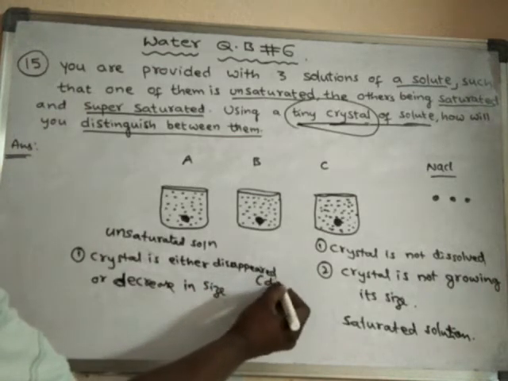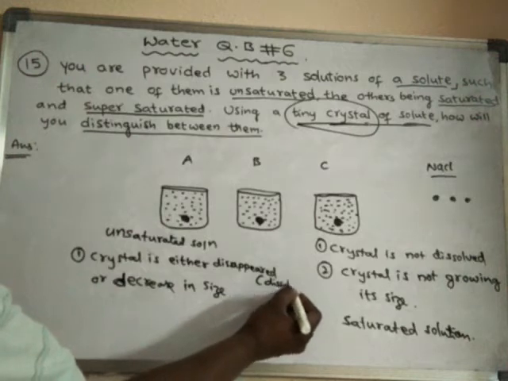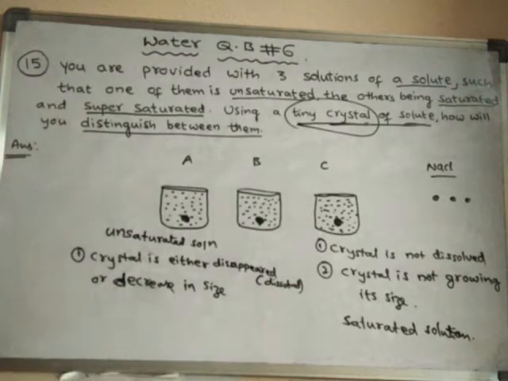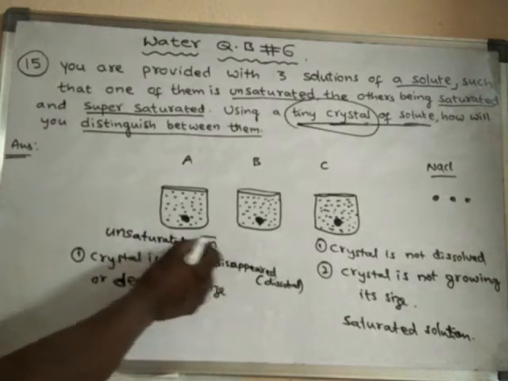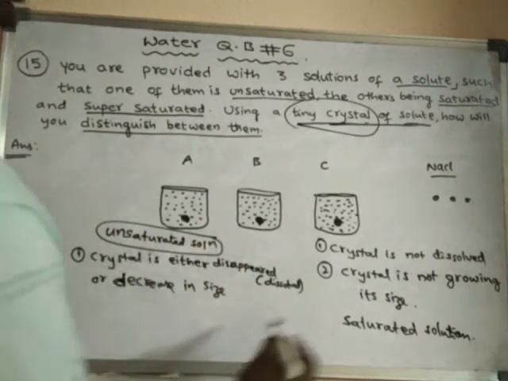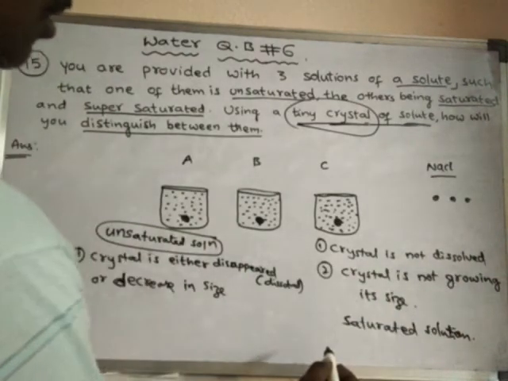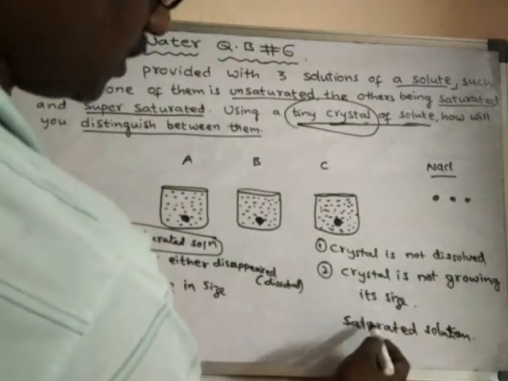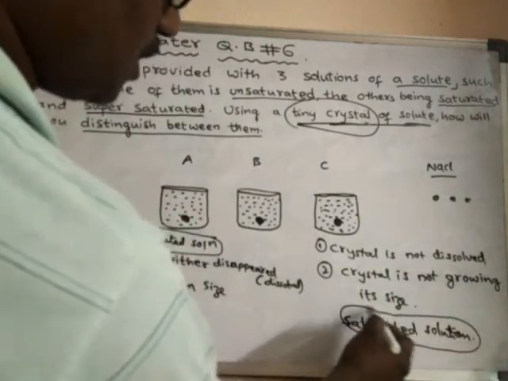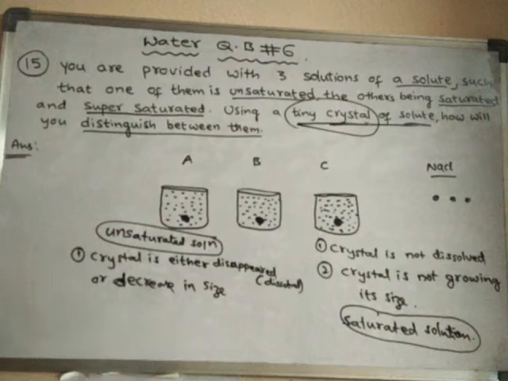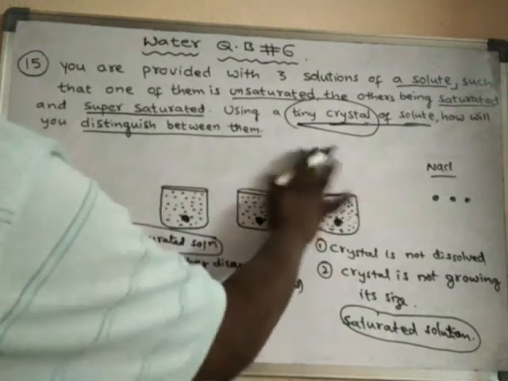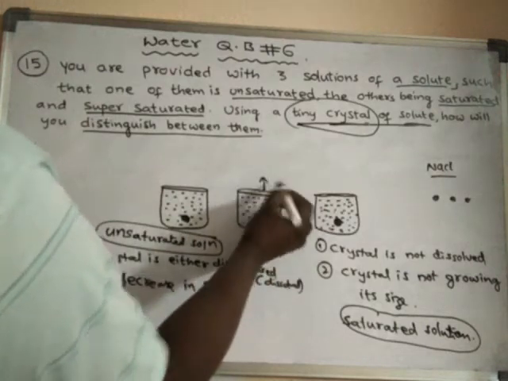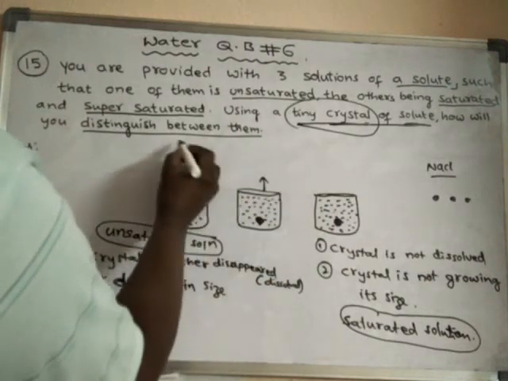Disappeared means dissolved. If the crystal disappears due to dissolution or decreases in size, then that solution is said to be unsaturated. If the crystal is not dissolved and is not growing in size, then that solution is said to be saturated. Then what is a supersaturated solution?